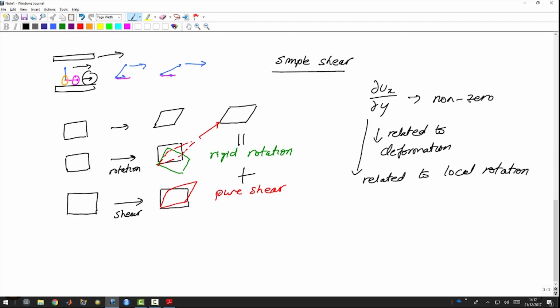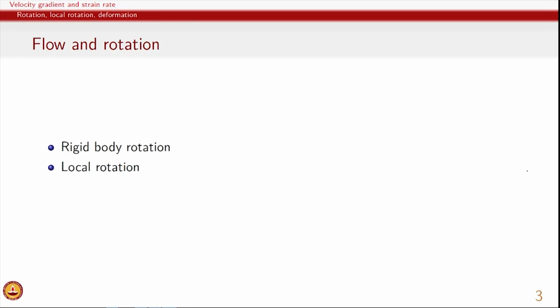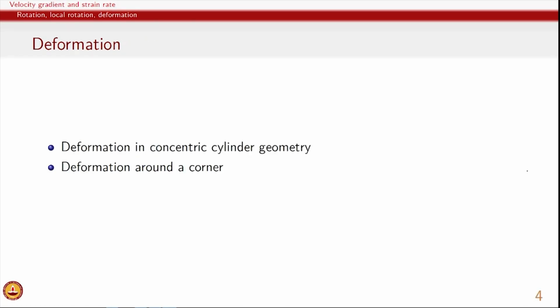So in general, the velocity gradient and its different components include information about deformation in the material. And for the course on rheology, we would be interested in finding out the deformation and not local rotation.